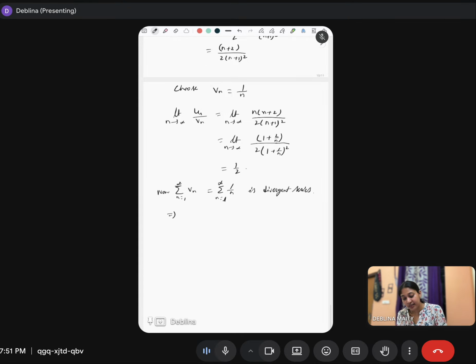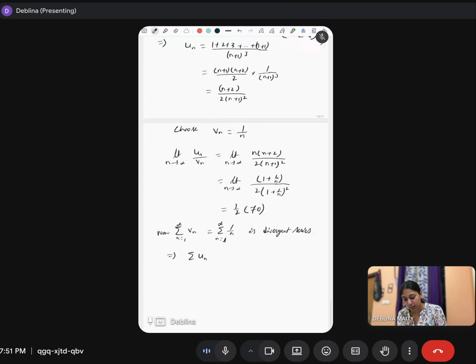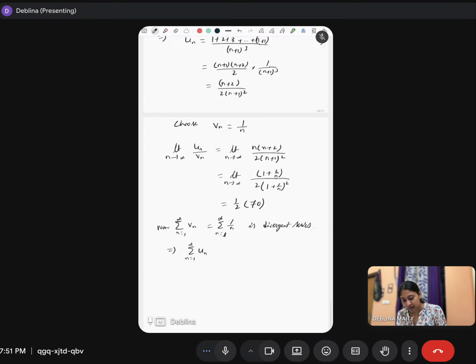So since this series diverges and r is non-zero, this implies the main series, the sum of un, is also divergent, right? By the limit comparison test.